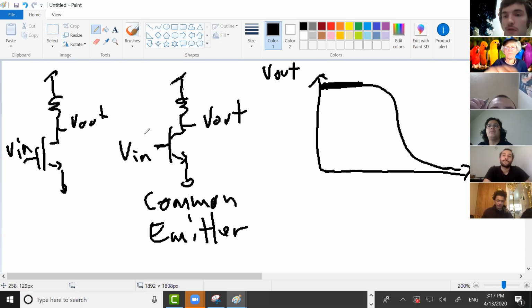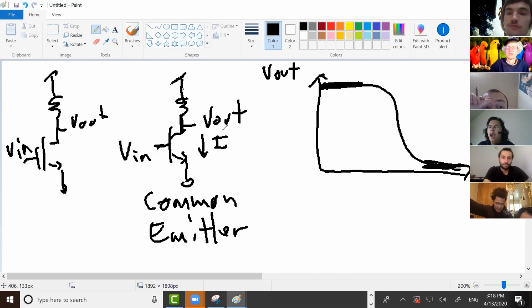What if I make Vin really high, like it's conducting a massive amount of current? Then Vout is 0. Then you're over here. Is that an exciting range for amplifiers? No. So one of the first things that you have to do on an amplifier is somehow set a default current that puts it in this region over here.